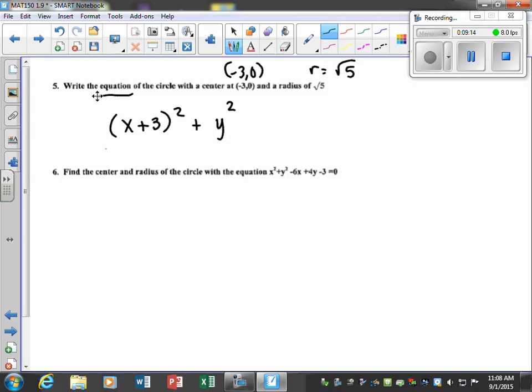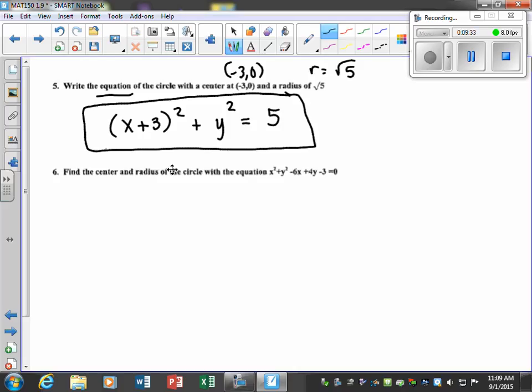It's just y squared is equal to 5. If you square a square root, you lose the radical, so you just get 5. And this is our answer.